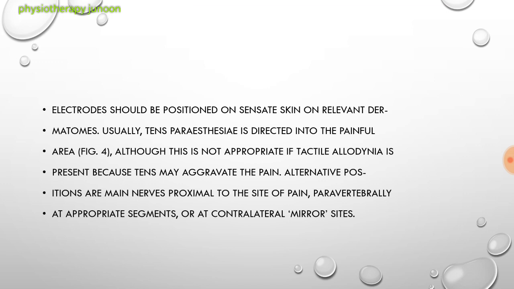Usually TENS paresthesia is directed into the painful area, although this is not appropriate if tactile allodynia is present because TENS may aggravate the pain. I already explained this. Alternate positions are over the main nerve proximal to the site of pain, paravertebrally at appropriate segments, or at contralateral mirror sites.